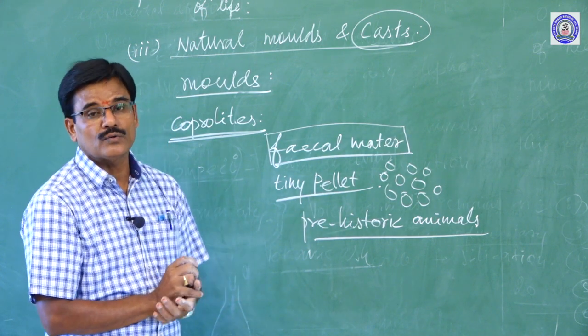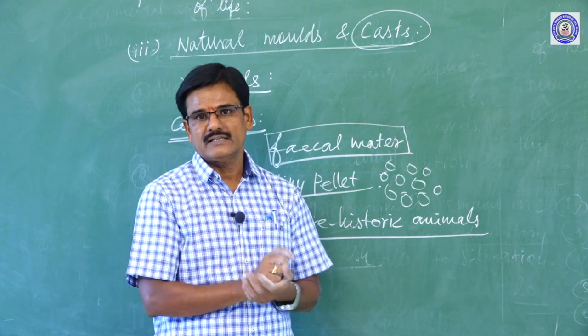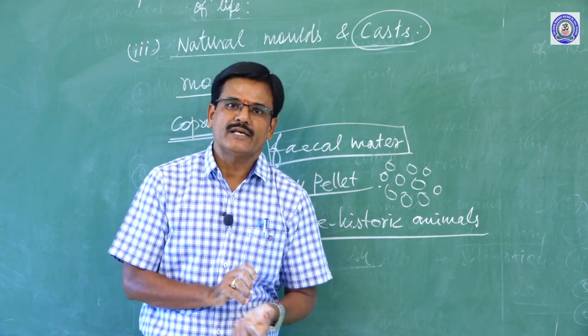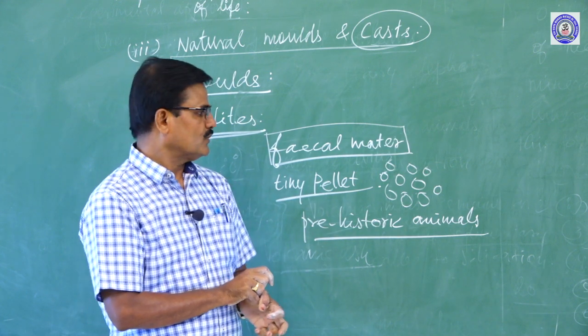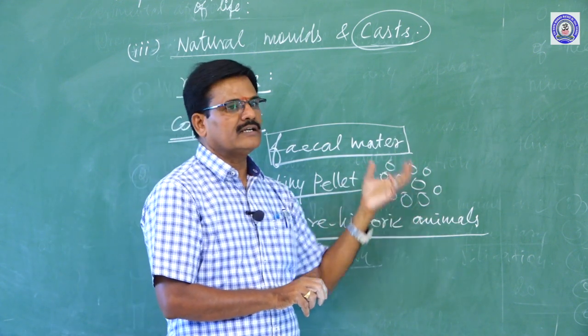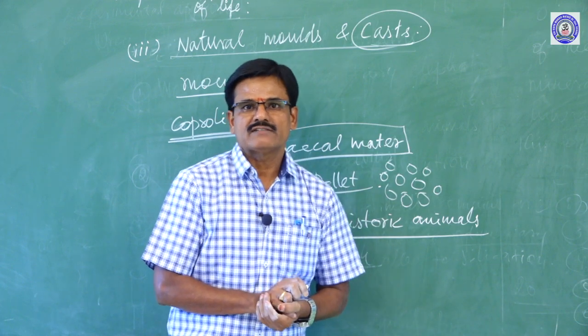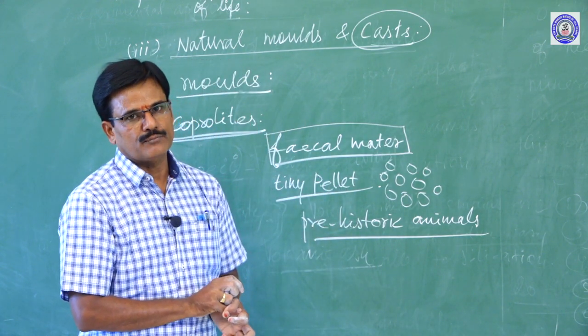What is meant by carnivorous? Flesh eating animals are called carnivorous. What is meant by herbivorous? Plant eating animals are called herbivorous. So, after analyzing this fecal matter, we can find out whether the animals were carnivorous or herbivorous.